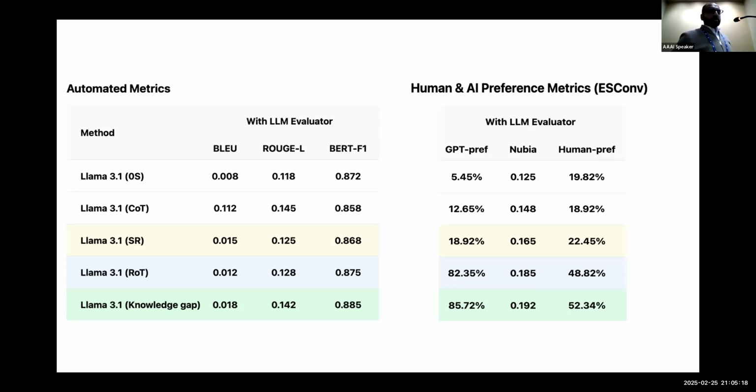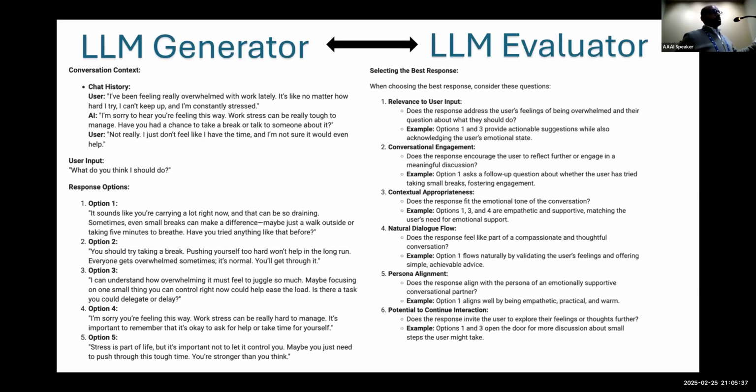And now with the human preference metrics, which are GPT-4, Nubia, and human performances, we do have a relatively better improvement of 52%, which was way before less than 50% in the previous case of evaluation. So this design of an LLM generator and evaluator seems to be an interesting strategy to evaluate each and every individual step that the LLM follows when it is giving you the final responses.